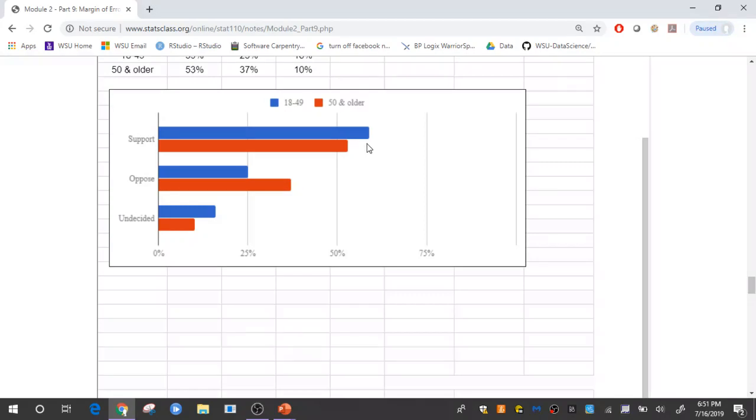If that margin of error for that blue bar drops down to, say, 48%, and then it's also going to drift upwards as well, but if it were to drop down to 48% here, then I cannot make the statement that a majority support stricter gun laws in that age group. So those margin of error bars are necessary when you're trying to make inferences about the larger group and not just the people that you've surveyed.